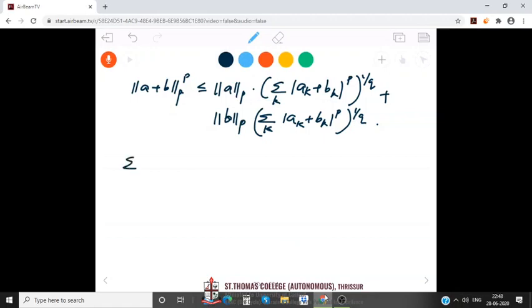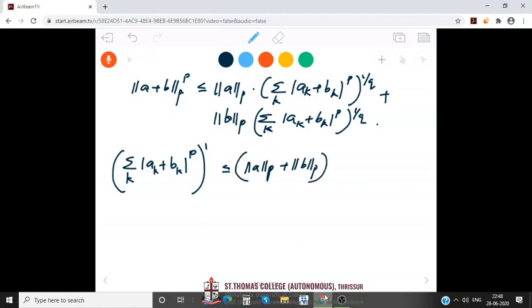So what about the LHS? This is summation over k |ak plus bk| raised to p, the whole raised to 1 by p raised to p. This is less than or equal to norm p of a plus norm p of b into summation over k |ak plus bk| to the power p, the whole power 1 by q.